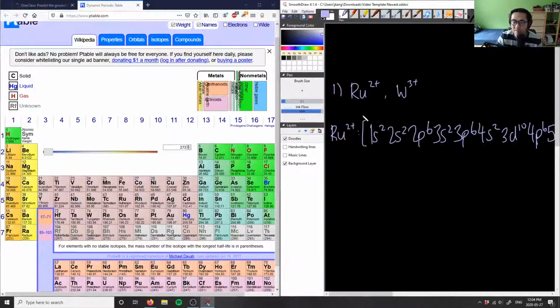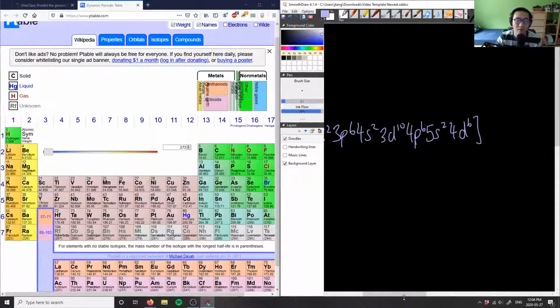Then it's asking about ruthenium with a charge of 2+ here. So I'm going to remove 2 electrons from this 4d6. I'm going to erase this 6, because right now it's a Ru atom, and I want a 2+, so I need to remove 2 electrons. So 6 minus 2 is going to be 4.